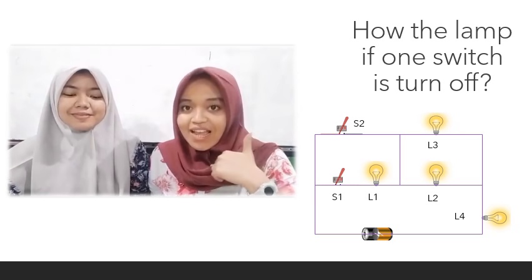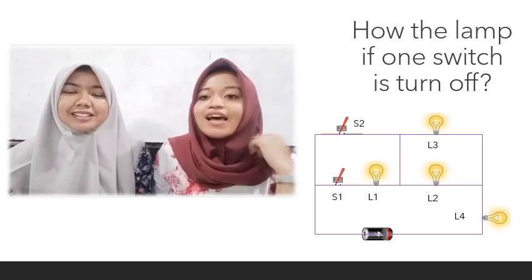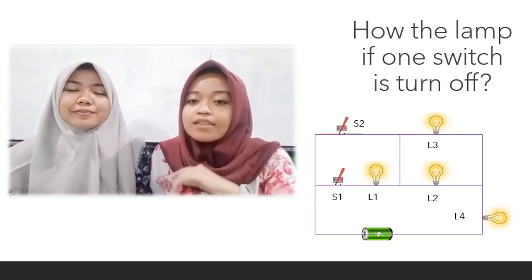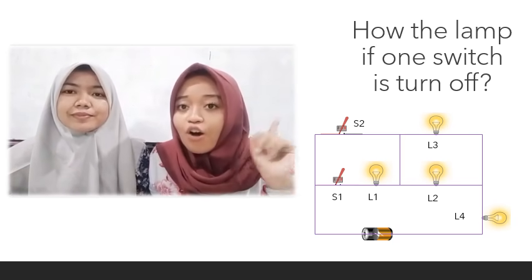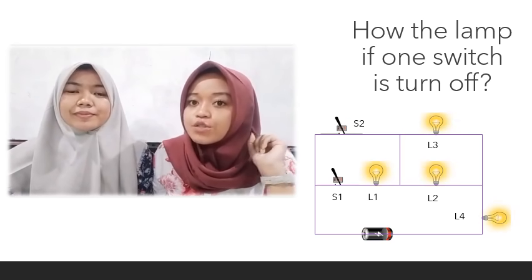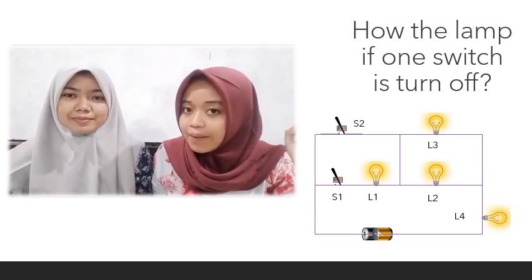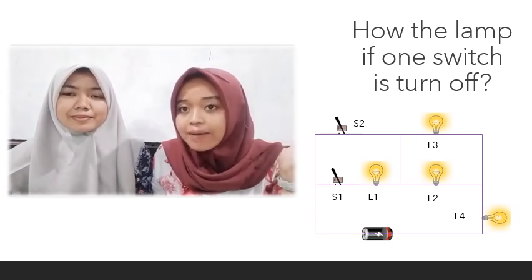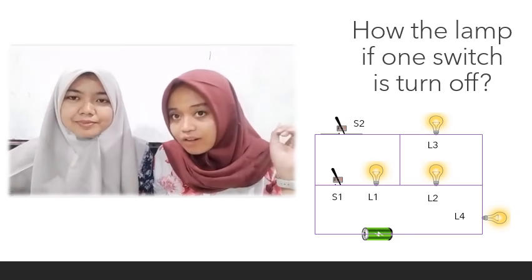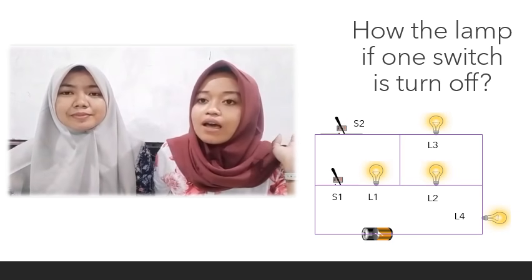Okay, good. Understand? Next, when switch 1 is off and switch 2 is on, what happens to the lamps, and how many lamps are still on and how many are off?